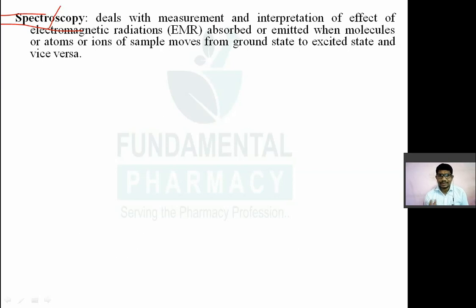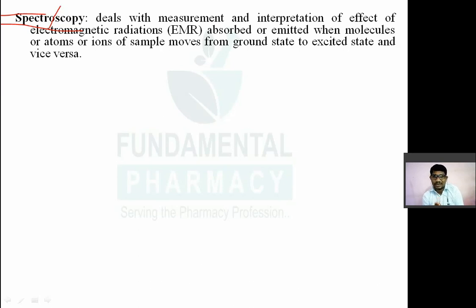Electromagnetic spectrum or electromagnetic radiations is a common term for all kinds of radiations, having different wavelength and different energy.